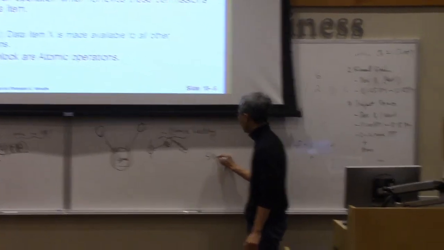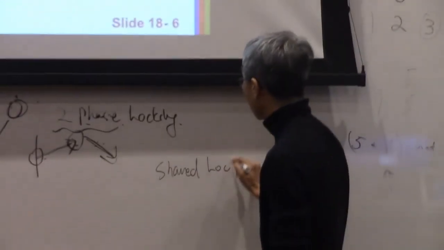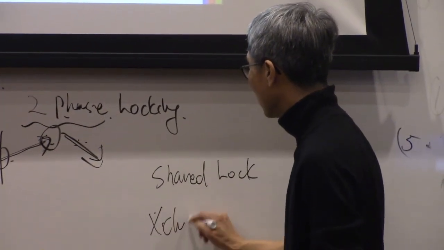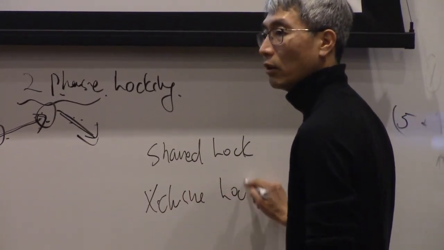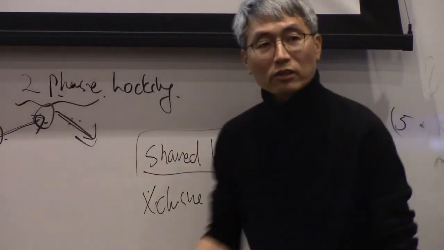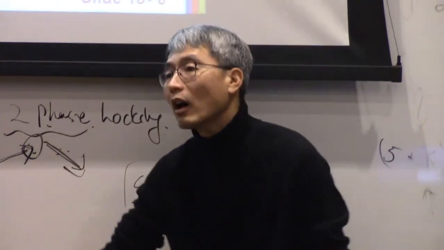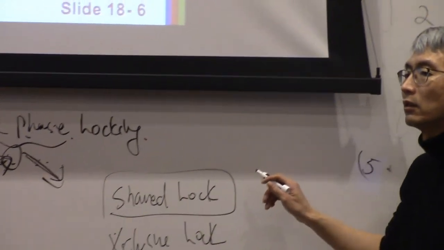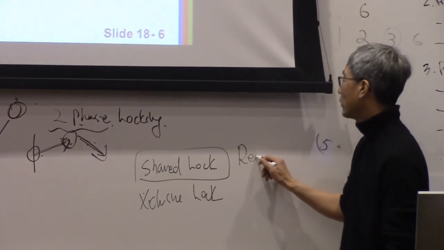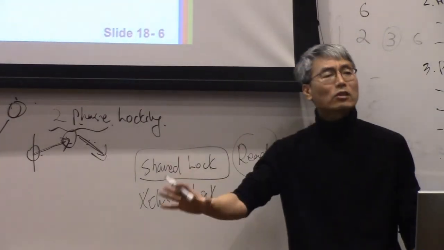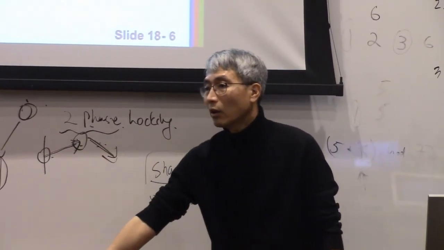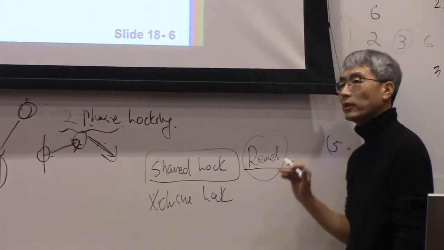One is the shared lock, another one is the exclusive lock. A shared lock means you can have as many locks as possible for the item. For example, read. When you read the data, it's also a lock. I'm going to read this one, right? Why do we need to consider such a read lock?